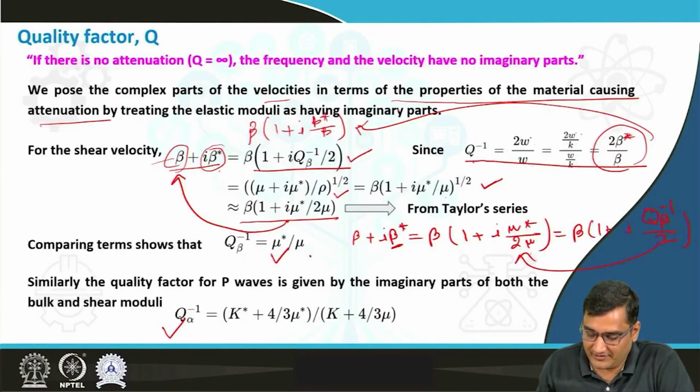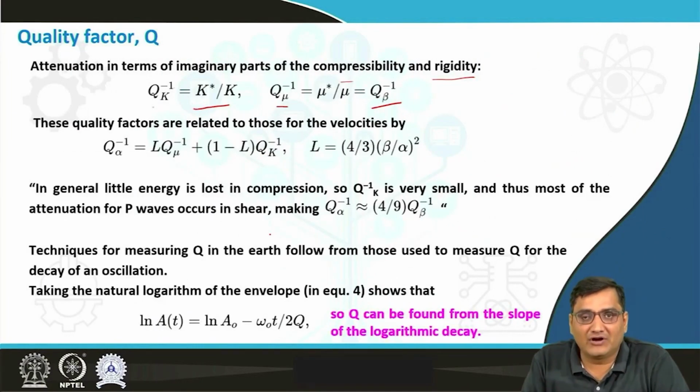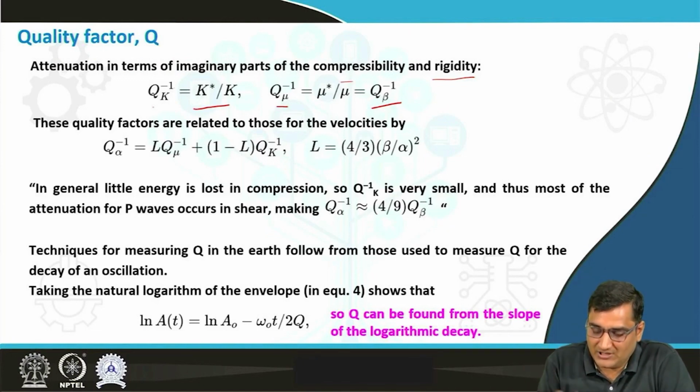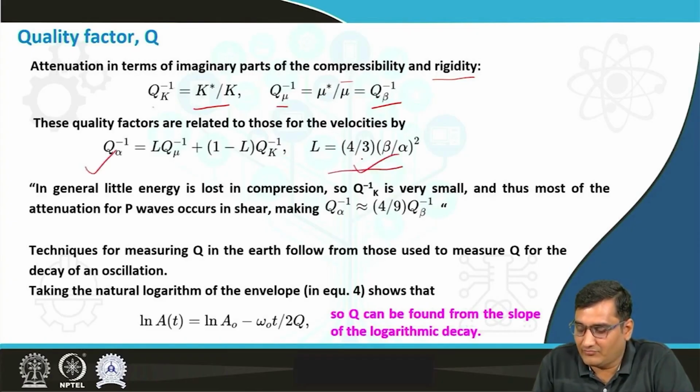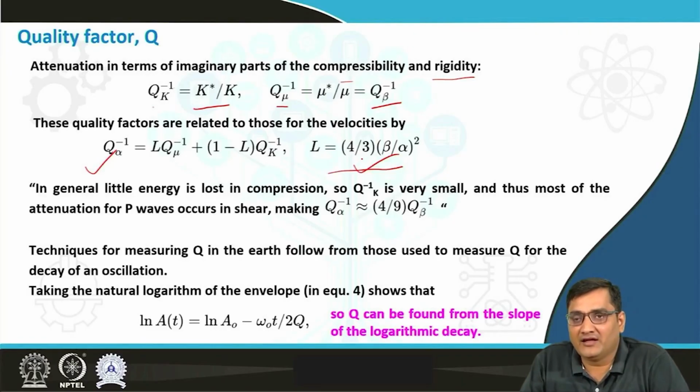These quality factors are related to those for the velocities by this formula, where L is equal to 4 by 3 beta square by alpha square.